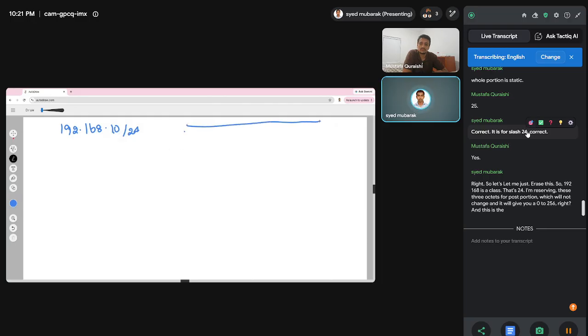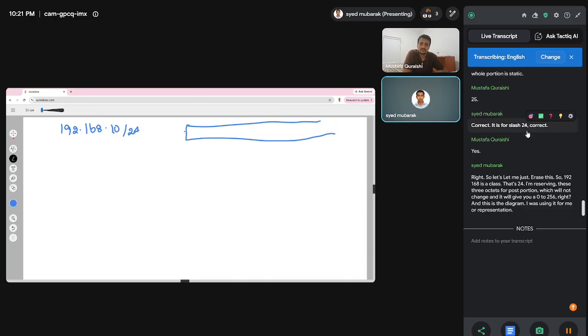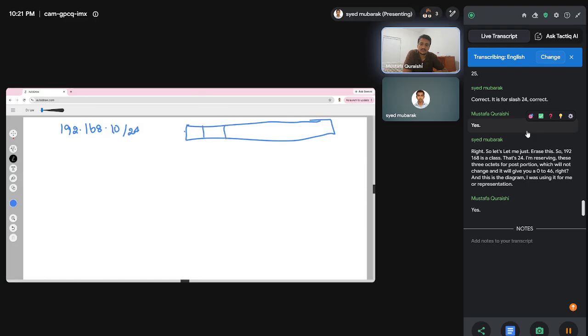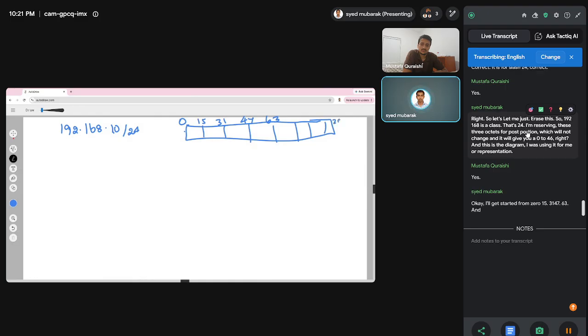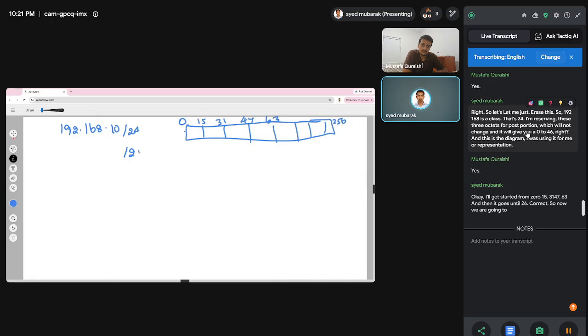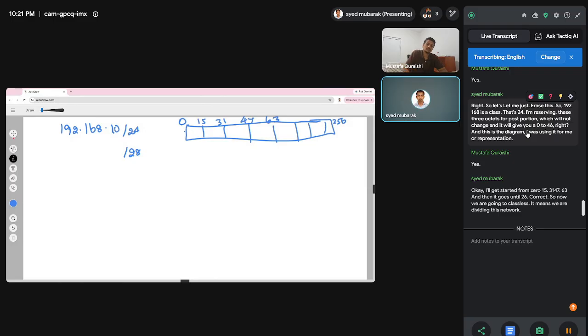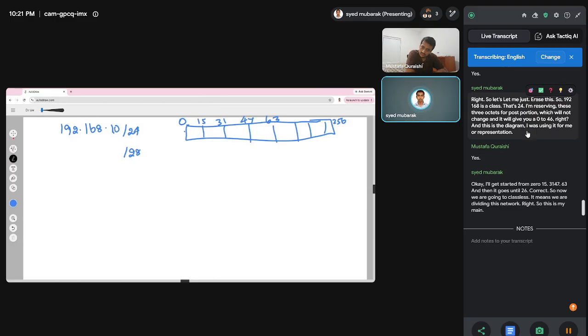And this is the diagram I was using for your representation. It starts from 0, 15, 31, 47, 63, and then it goes until 256. So now we are going classless. It means we are dividing this network, right? This is my main portion.